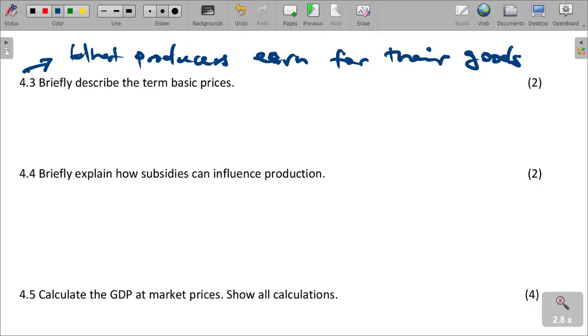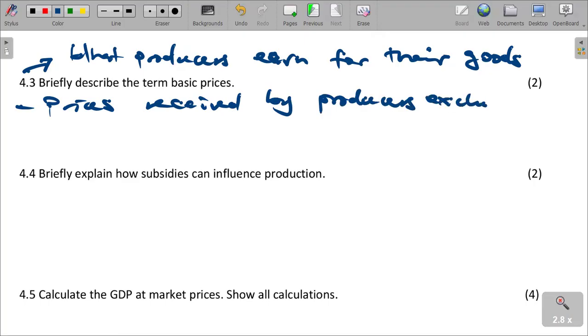They are prices received by producers, excluding taxes on products, but including subsidies.